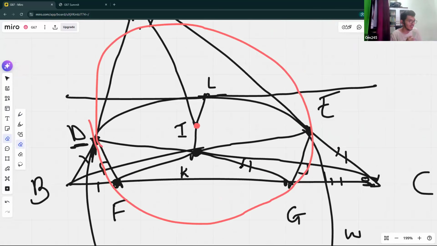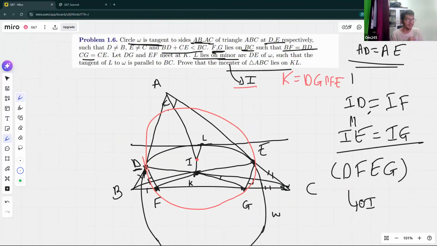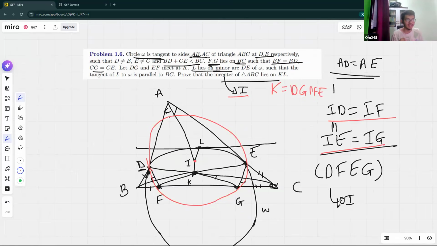This is perpendicular to this thing, so I is the center. Why is ID equal to IF? Because AD equals AF and I lies on the angle bisector, so by congruent triangles, ID equals IF.